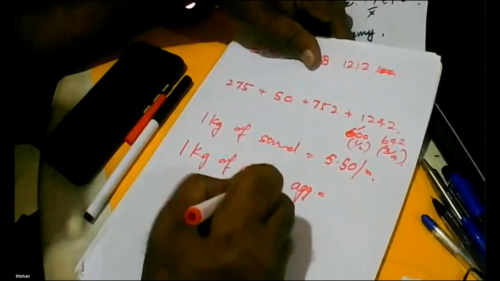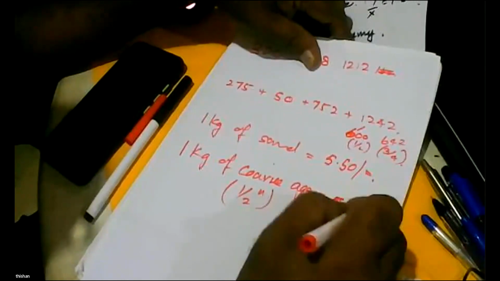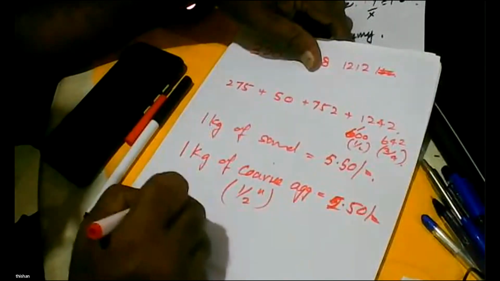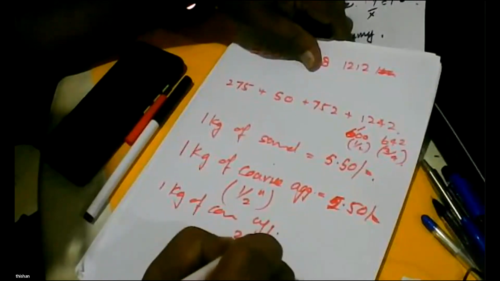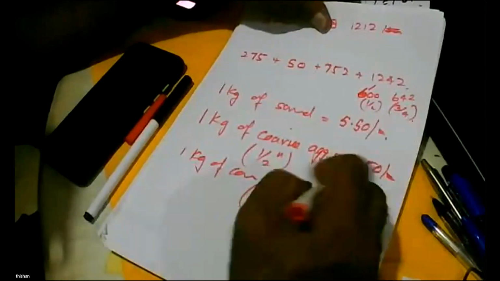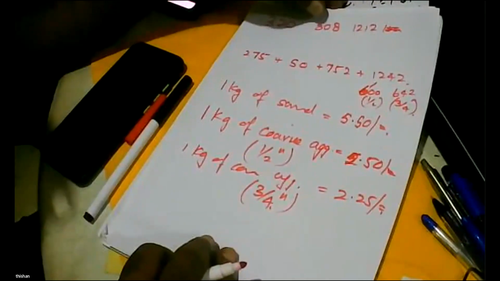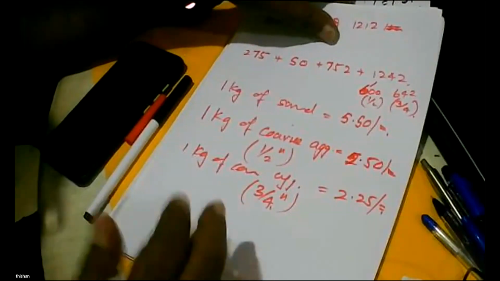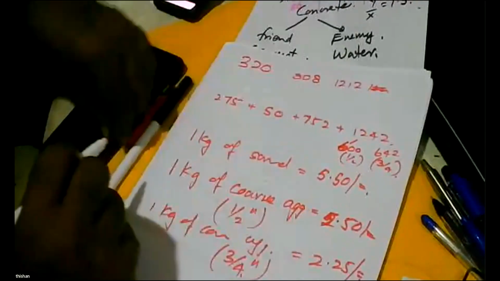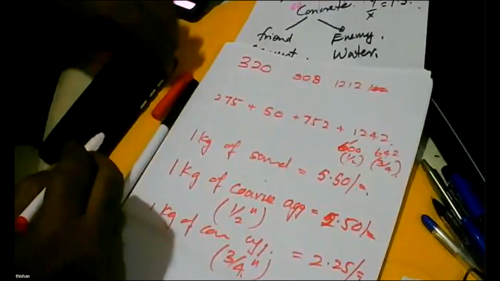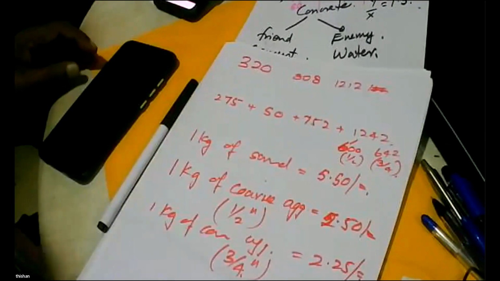The price of half-inch aggregate is 250. The price of 3/4 inch aggregate is 225. And then sand, all are available. Now I'm going to find the cost, and for that I'll use these values and the mixes.